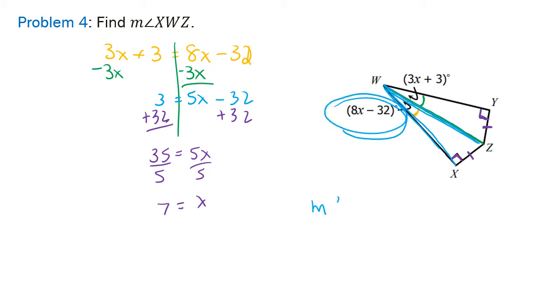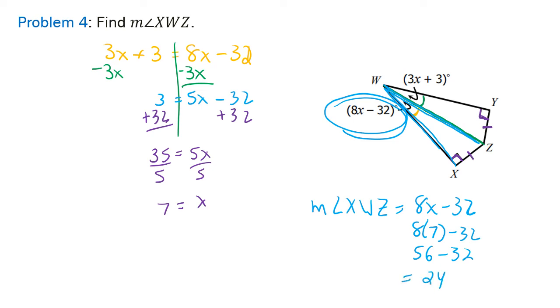So the measure of XWZ is 8x minus 32, and our x is 7. So 8 times 7 is 56, minus 32 is going to be 24 degrees for the measure of that angle.